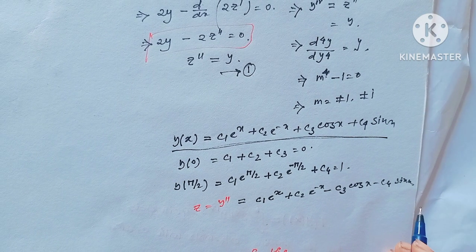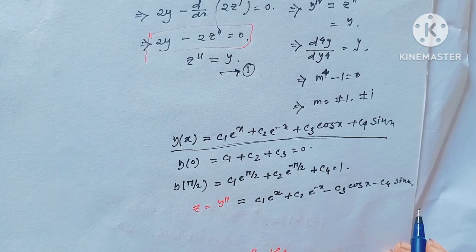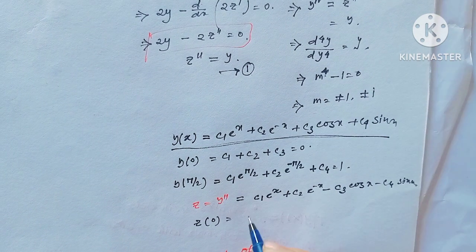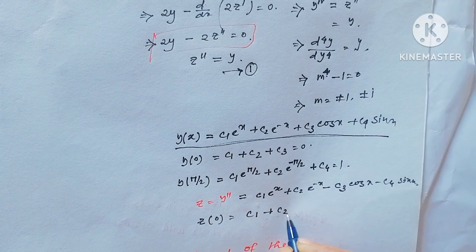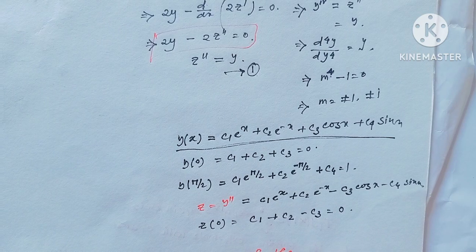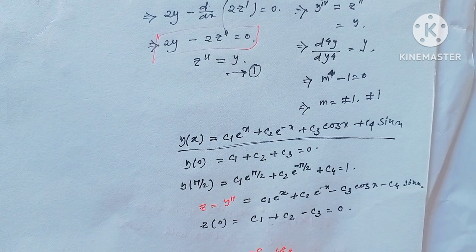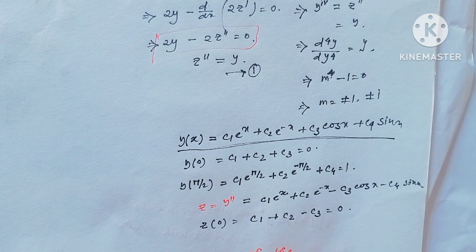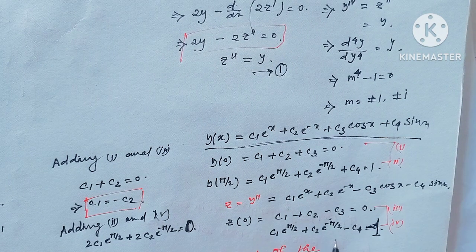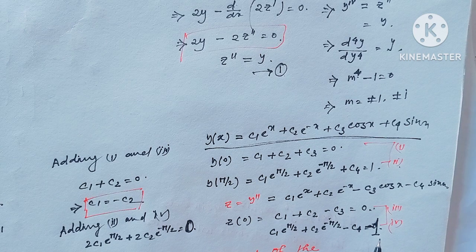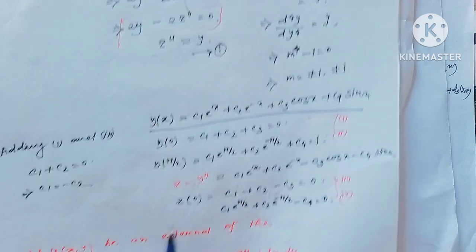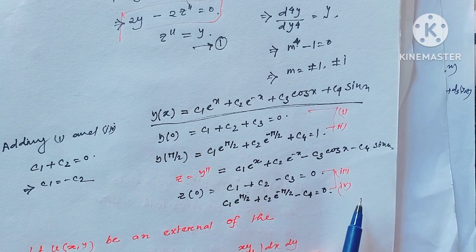Then z(0) = 0 implies c1 + c2 − c3 = 0, and z(π/2) = −1 means c1 e^(π/2) + c2 e^(−π/2) − c4 = −1. We indicate this equation as 1, this as 2, this as 3 and this as 4.